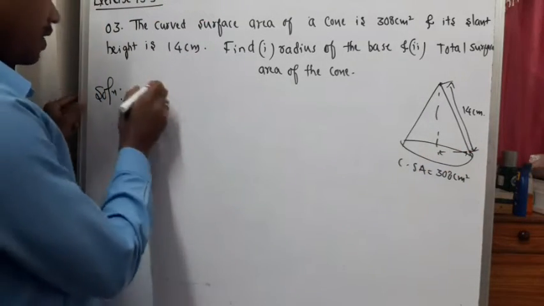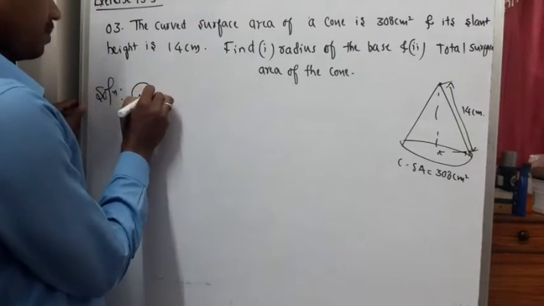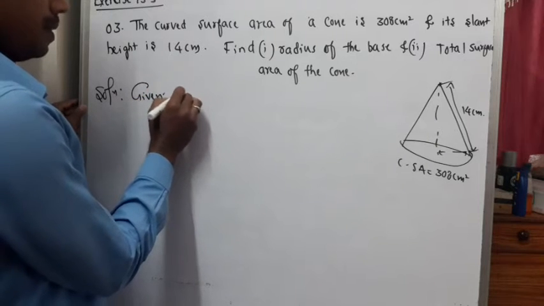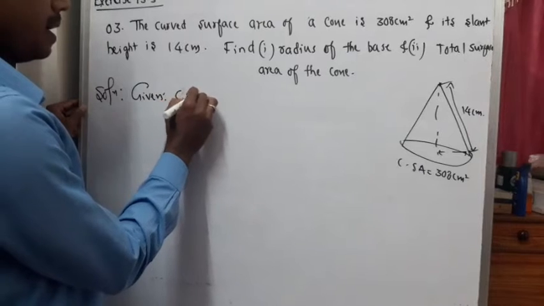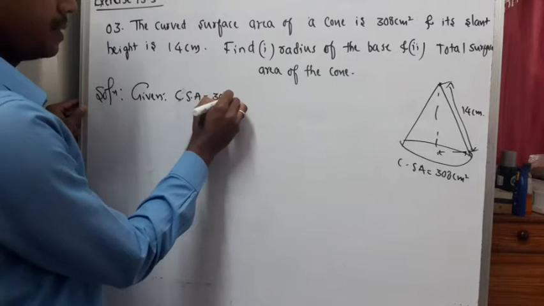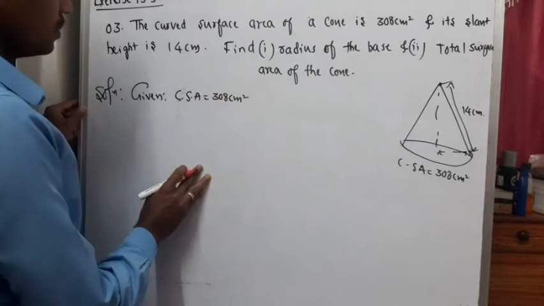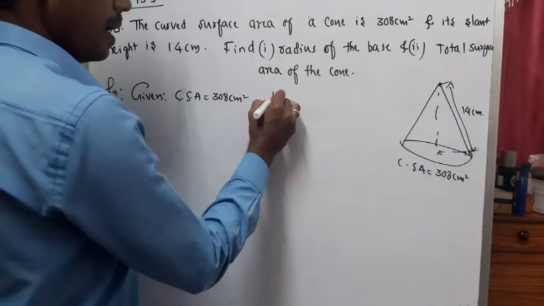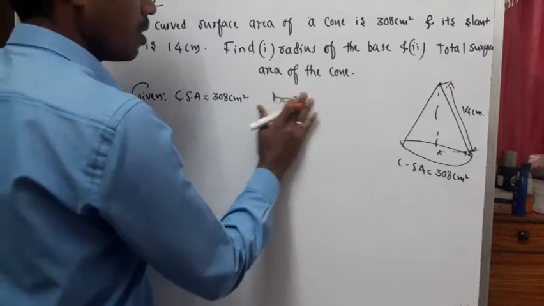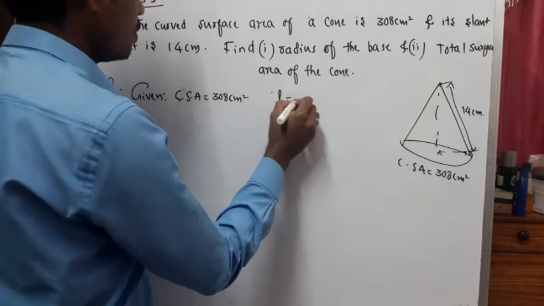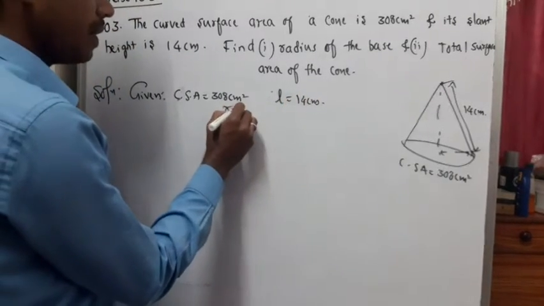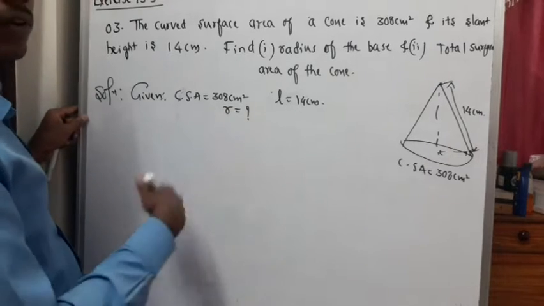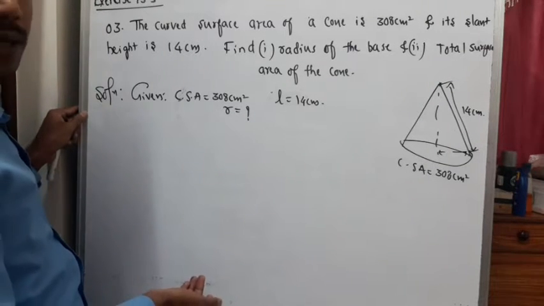Okay, we'll write down what is given to us. Curved surface area CSA is equal to 308 centimeter square and slant height, that is L is equal to 14 centimeter. We need to calculate R and even we need to calculate total surface area.